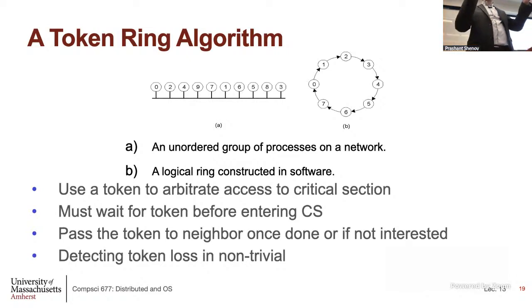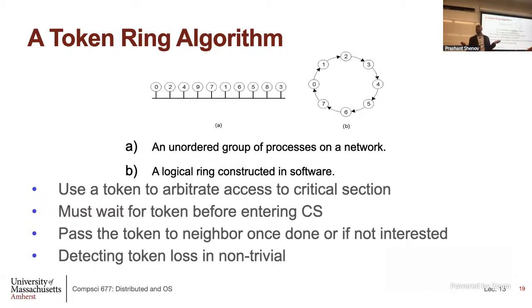Let's say if you have the token, you can hold it for 100 milliseconds max. After 100 milliseconds, even if you have more data to transmit, for fairness, you have to send the token to the next node so that everybody gets a fair shot, and you're not waiting for long periods because somebody decided to transmit a 1 gigabyte file and nobody else can transmit because they're holding the token. So you could hold the token for a limited amount of time.